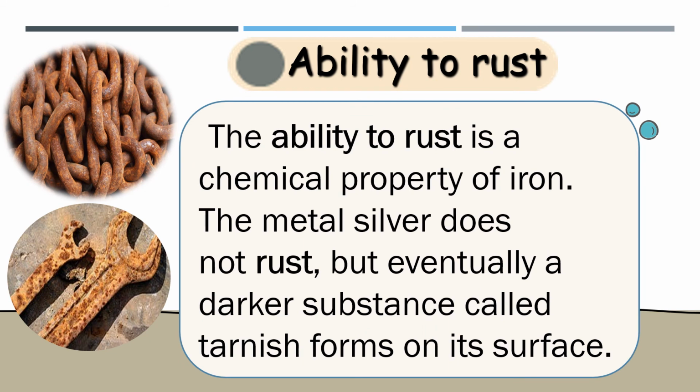The third property that we are going to talk about is ability to rust. What is this? Ability to rust is a chemical property of iron. The metal silver does not rust, but eventually a darker substance called tarnish forms on its surface.